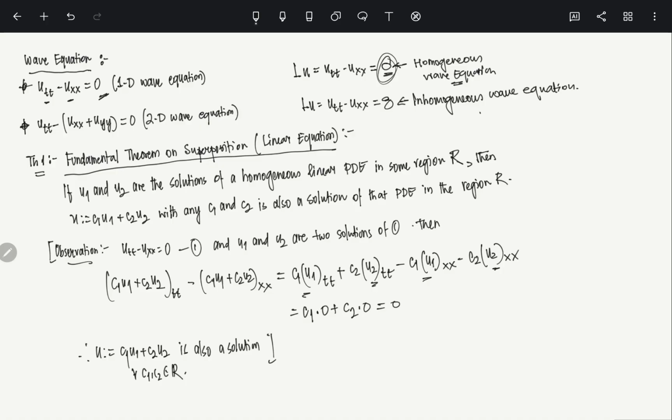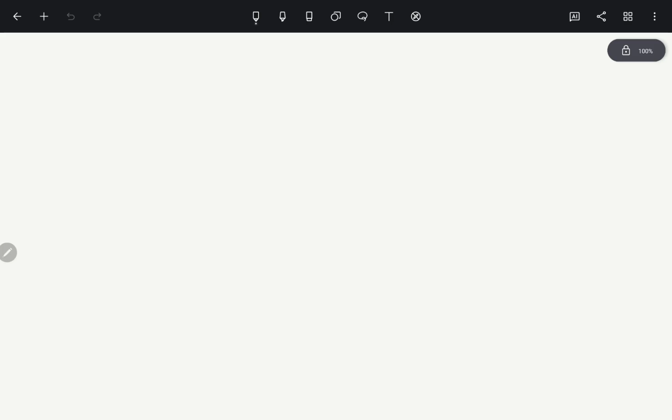Clear? Okay. So now, first of all, we will start by working on the one-dimensional wave equation. Let us write it down.